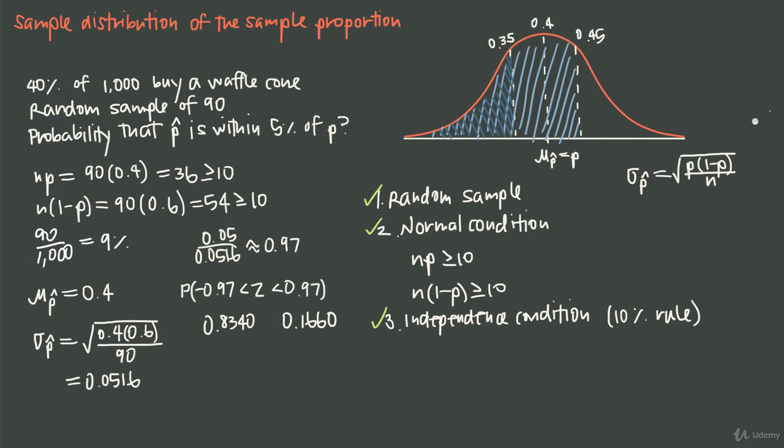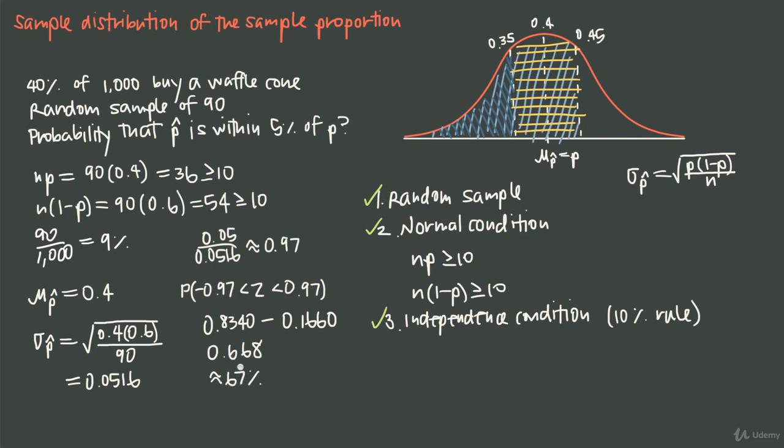So what we want to do is subtract the 0.1660 from the 0.8340 to just give us this value in the middle right here. The result then of that difference is 0.668, or if we round to the nearest hundredth, we get approximately 67%, 0.67 or 67%.